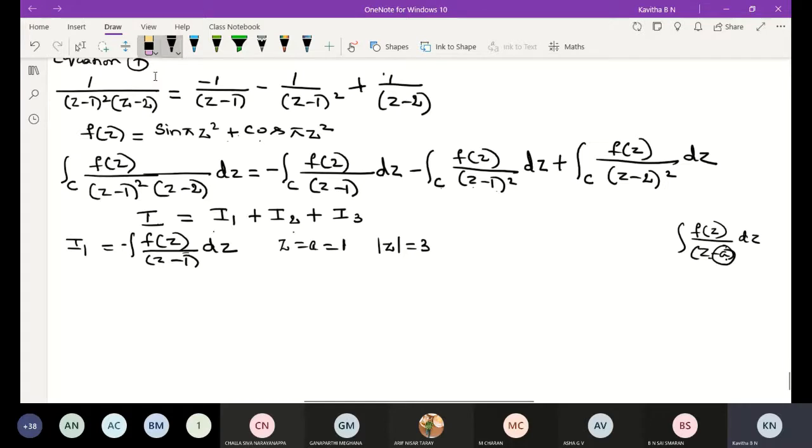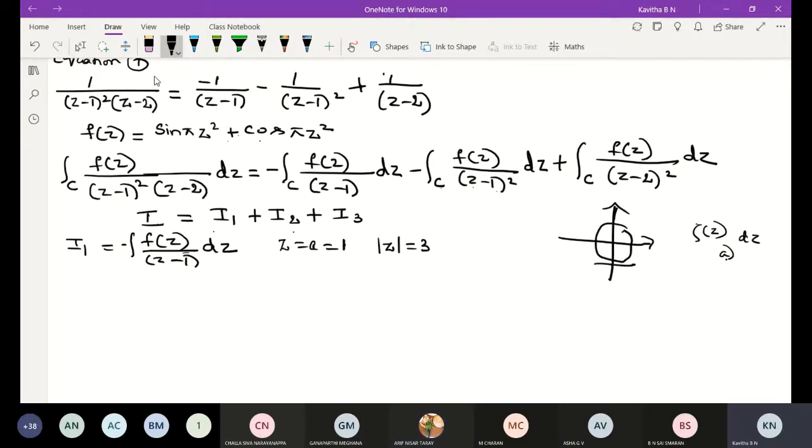Notepad is visible, no? Okay, tell me, z is equal to a is equal to 1 is inside the circle or outside the circle? Inside. Okay, yes. Draw the circle.